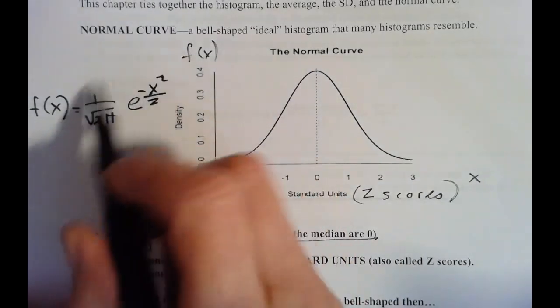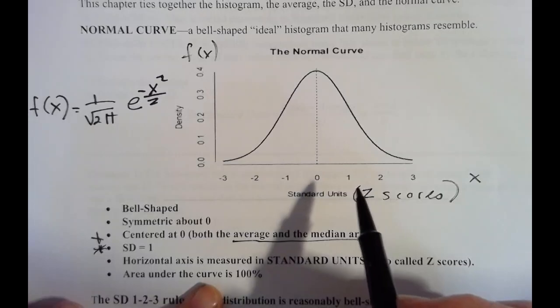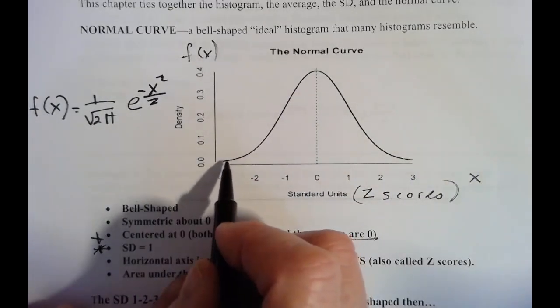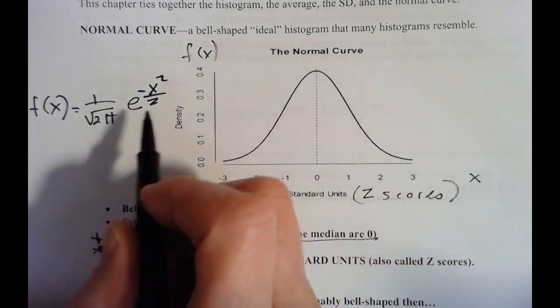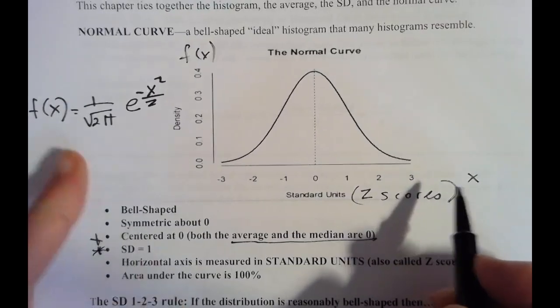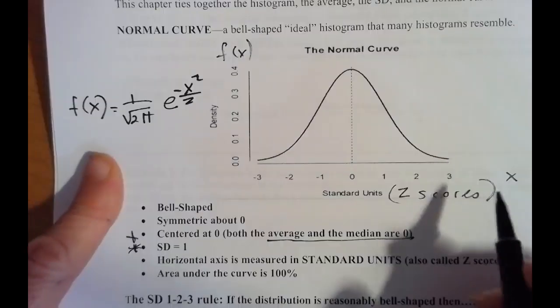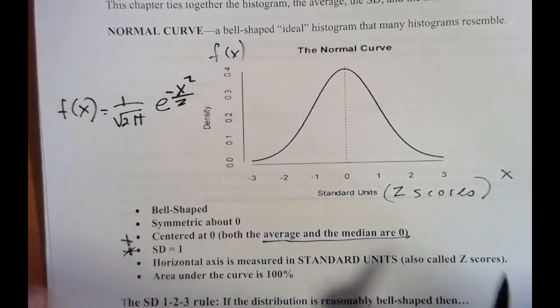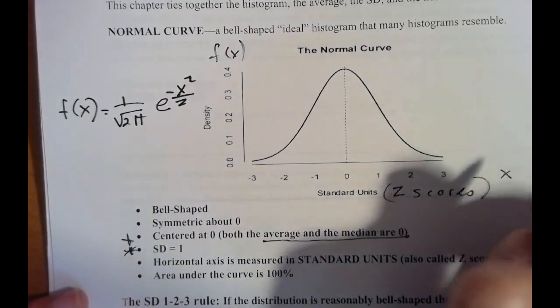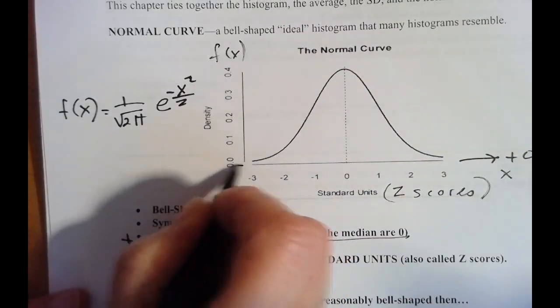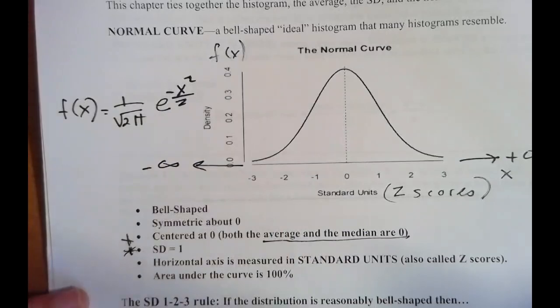You can also see from this formula that the curve is going to extend forever in each direction, because x can get as big as possible, and y will then approach 0. The limit will be 0, but it will never reach exactly 0. So this goes on in either direction, to positive infinity and negative infinity.